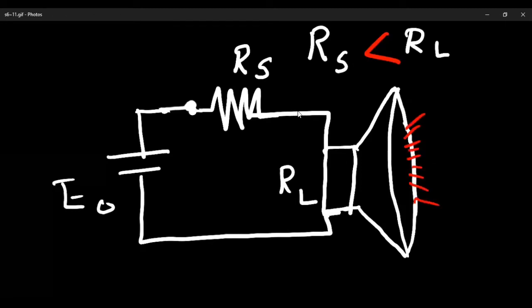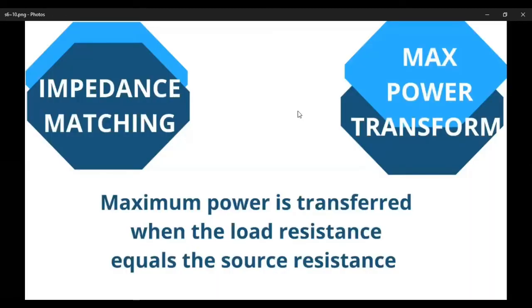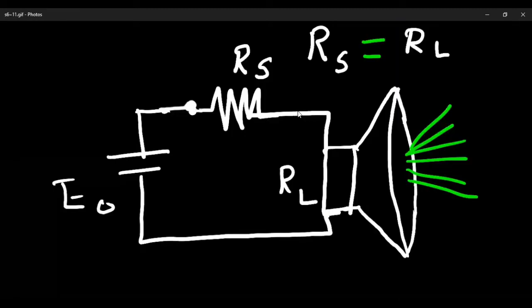This is the point where maximum power is transferred. That is why we name this theorem the maximum power transfer theorem. But you also have to keep in mind that during maximum power transfer, the efficiency is reduced. Only the power is maximum, but the efficiency of the system will be low, right?